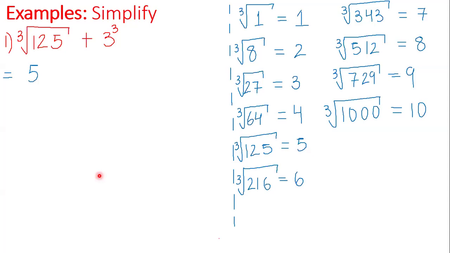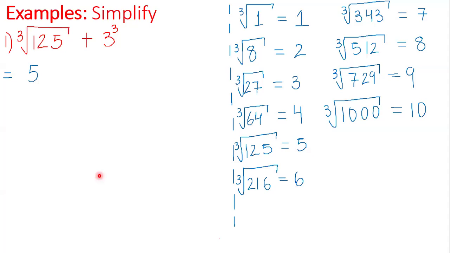What is the cube root of 343? 7. Why is that? Because 7 times 7 times 7 is 343. Very good.